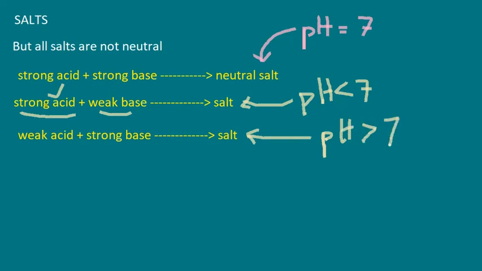And you can understand why, because in the reactants the acid is a weak acid, but the base is a strong base, and so the salt that we get has to be somewhat basic in nature, and for substances which are basic in nature the pH value is greater than 7.